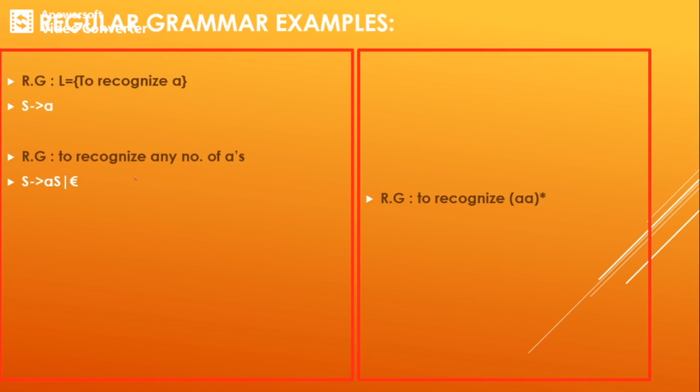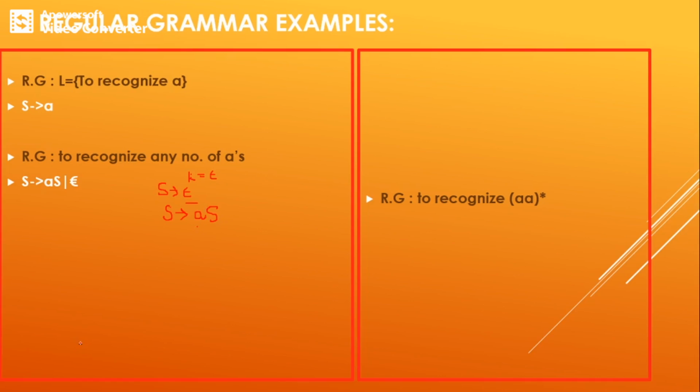Now here, to get many a's, remember, when I say recognize any number of a's including epsilon, since the language contains epsilon, the start has to give epsilon. Directly we should get epsilon. And then any number of a's: a should keep on repeating. That is, S should call itself again and again, and at one point of time S can vanish by substituting epsilon.